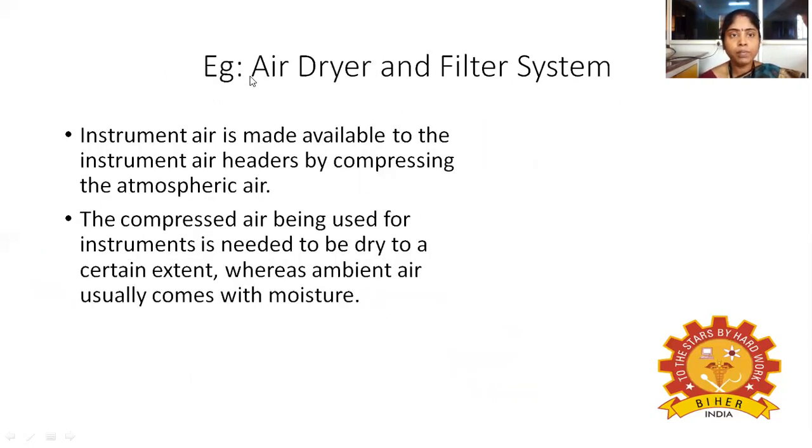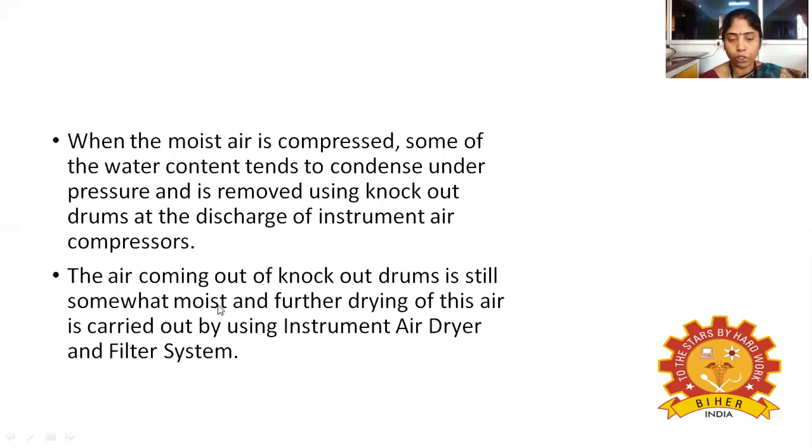For example, we will see the air dryer and filter system. When you talk about an air dryer and a filter system, how are we going to give air, dry the air, and filter the air for a process into the product for a fermentation process? Here the instrument air is made available by compressing the atmospheric air, and it needs to be dry to some extent so that it does not carry moisture.